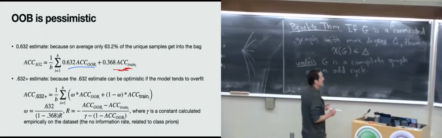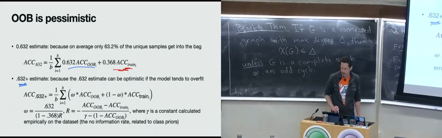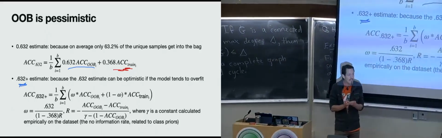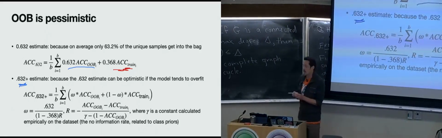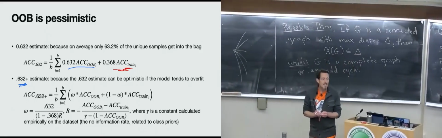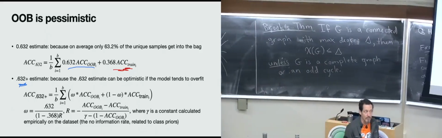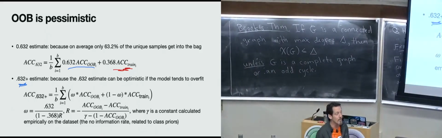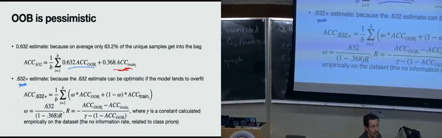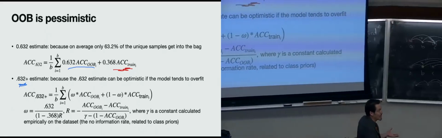And even more so, the 0.632 plus algorithm, which is an even more sophisticated correction of the systematic bias. These are ways in which people can use the out-of-bag estimate to get a test set or a validation set understanding, depending on what you're trying to do, of the performance of their ensemble. As long as your ensemble is a bagging ensemble, which is created using bootstraps, right? Because this is predicated on a bootstrap.